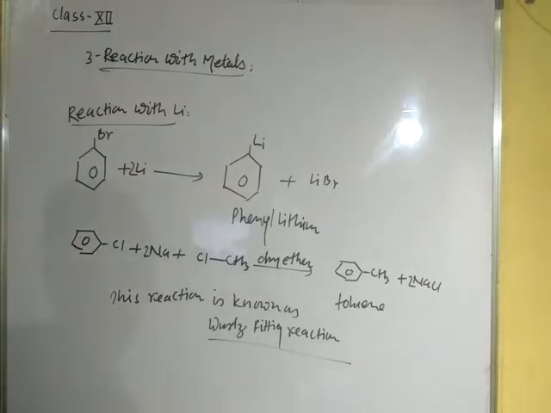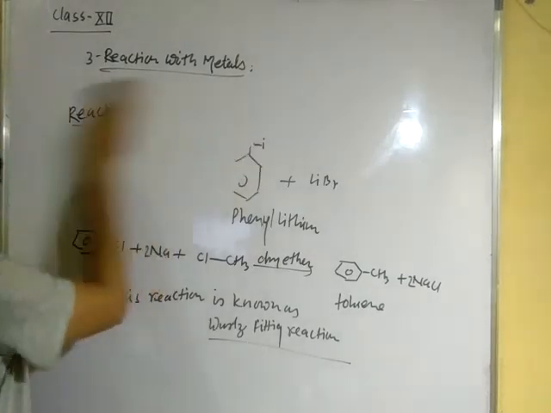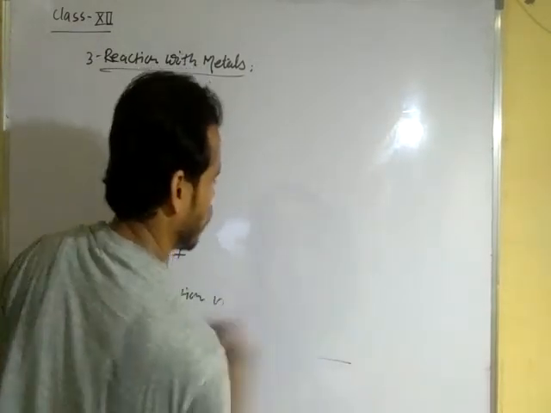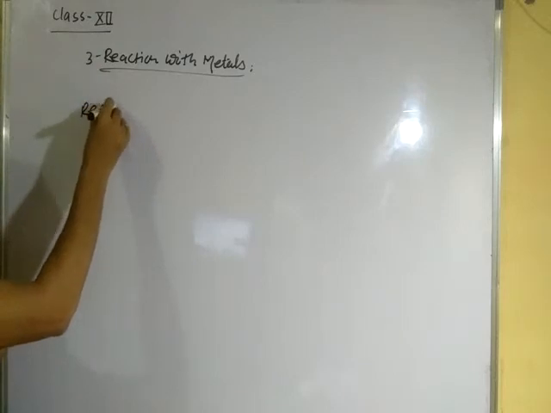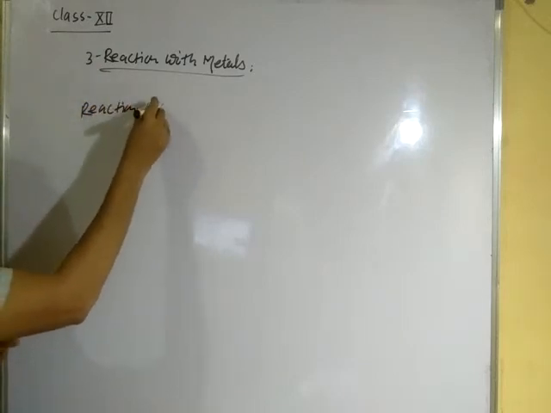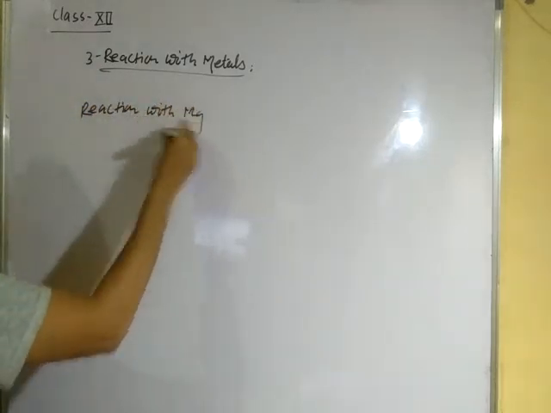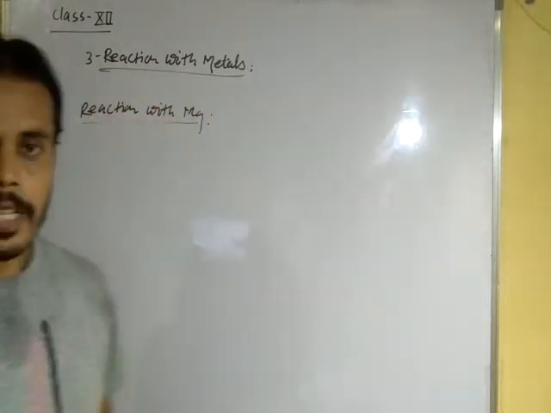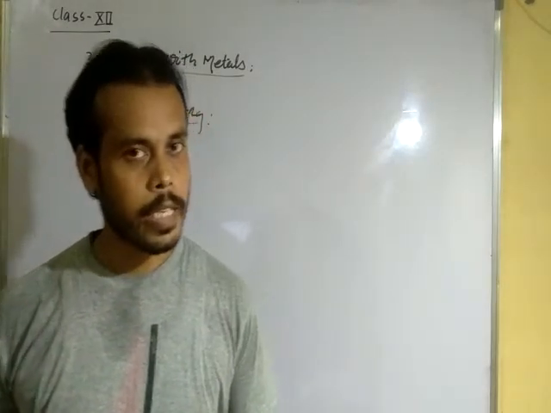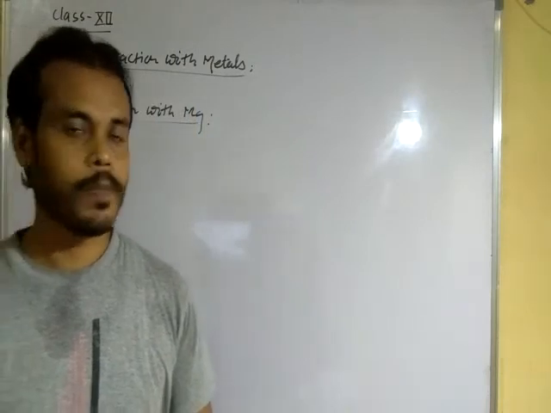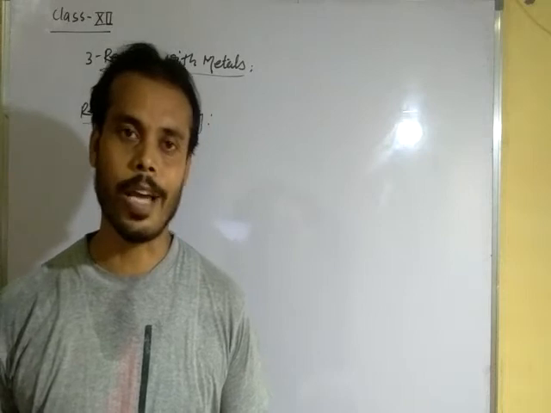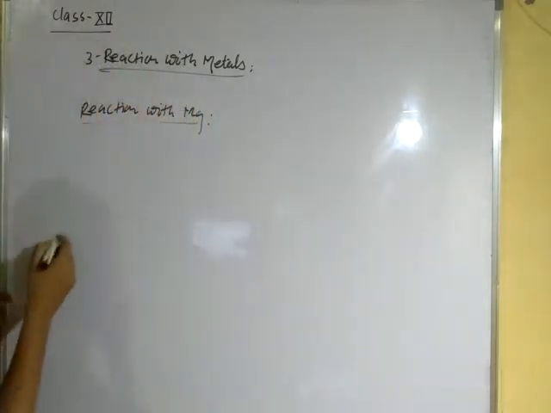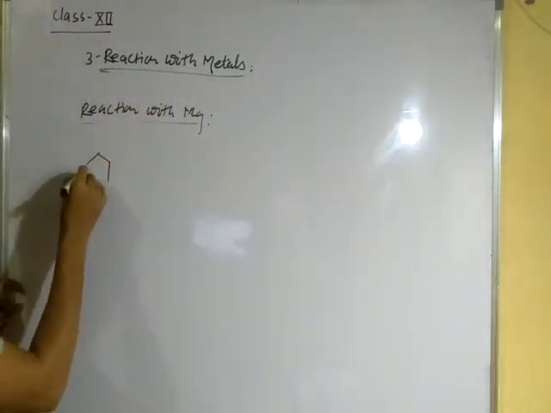Next, reaction with magnesium. In this reaction, aryl halide is treated with magnesium in the presence of dry ether to form aryl magnesium halide, known as Grignard reagent.